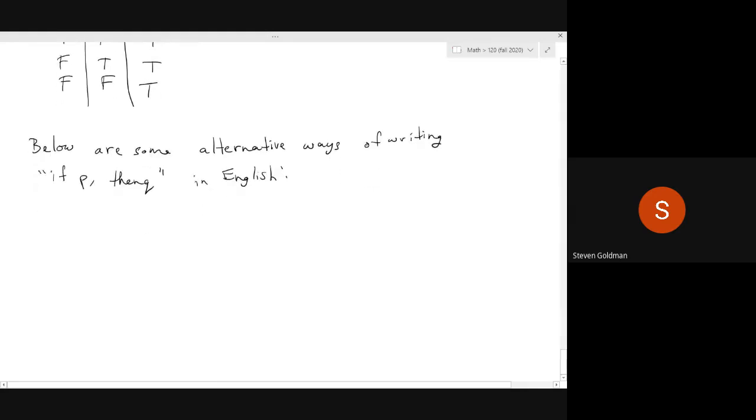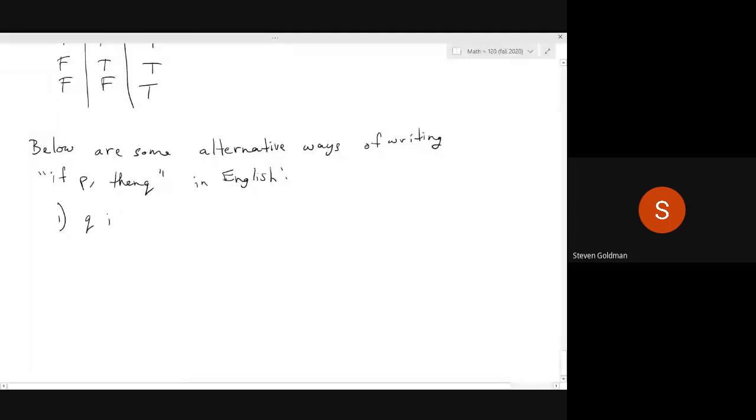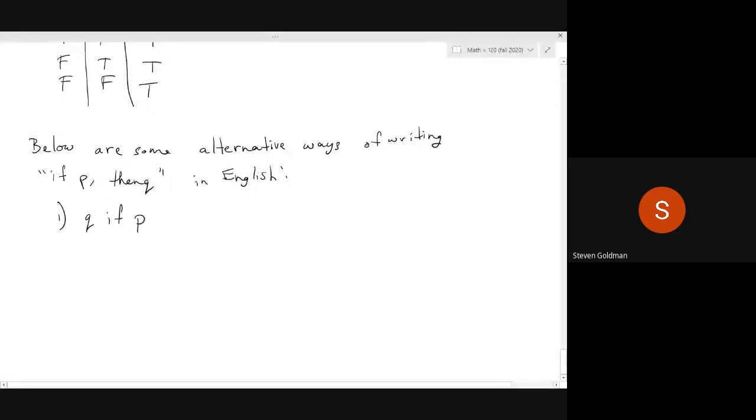If you ever see a sentence written in the form Q if P, that's a conditional statement. That's the same thing as saying if P then Q. In a sentence written this way, P is the hypothesis, Q is the conclusion.